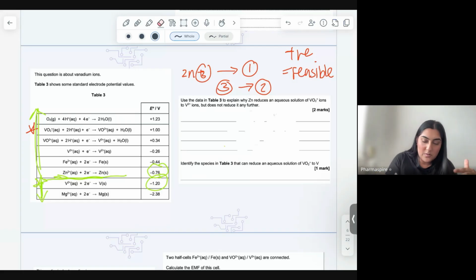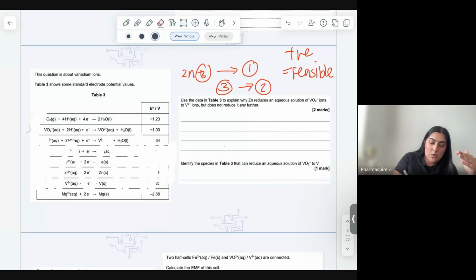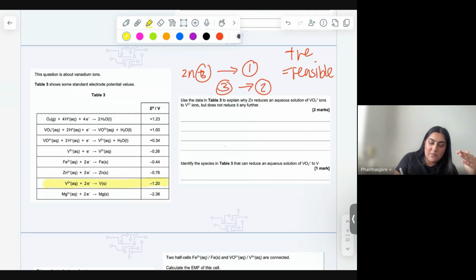To get vanadium metal, do you see how this is the only reaction to do it? Is everyone happy with that? It's the only one that produces vanadium metal, okay? So we need to look for something that has the ability to reduce that. So it's the reducing agent, so we look for the one that has the power to do it.